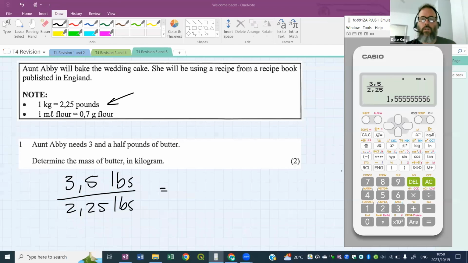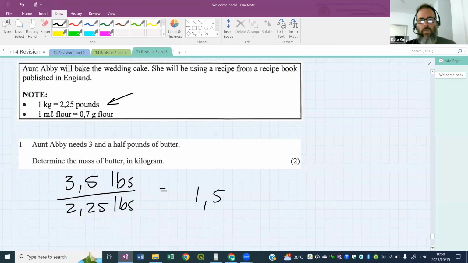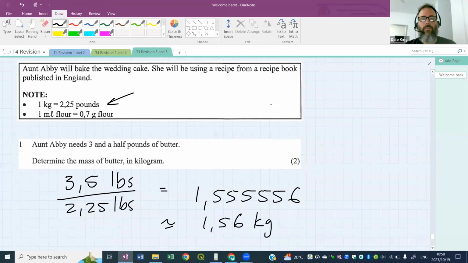There we go. 1.5555555555556. 1.56 kilograms. Okay, rounding off, 1.56 kilograms.